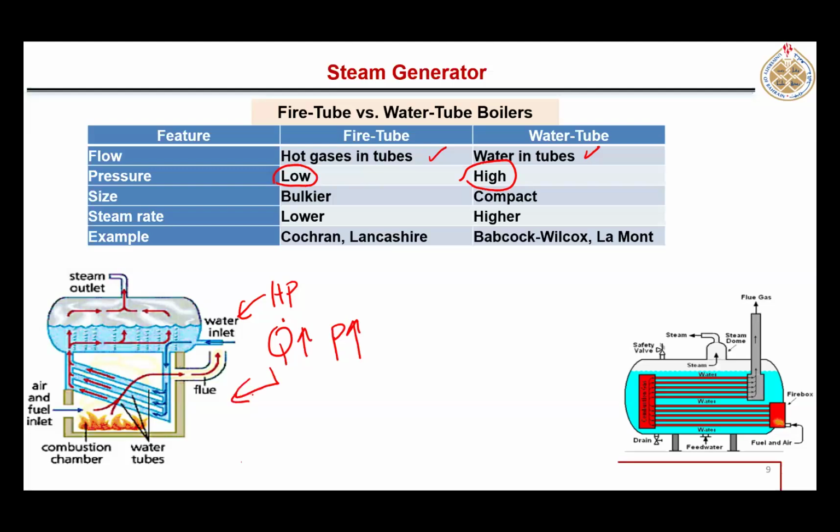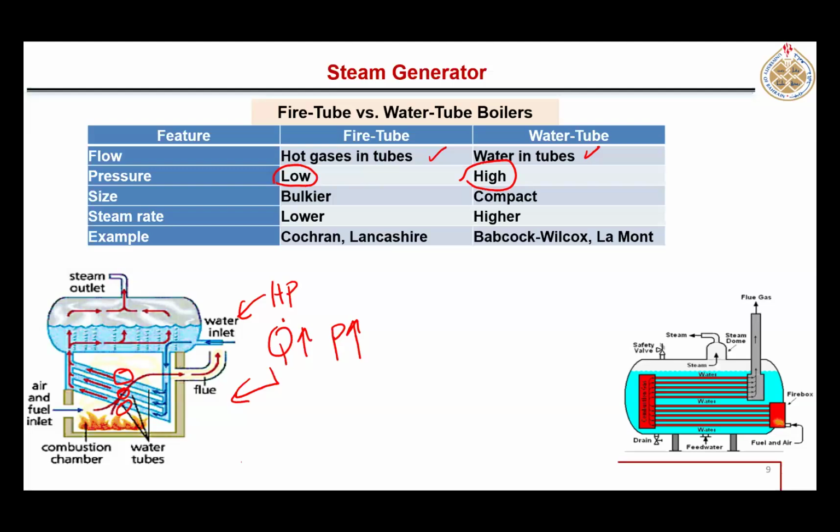Because there is a very small water content in those tubes. Because there is small water content available, the water is heated up rapidly, right? So there is a fast response in these water tube boilers. Because these tubes contain only a small amount of water volume, they heat up quickly and can respond to rapid load changes.